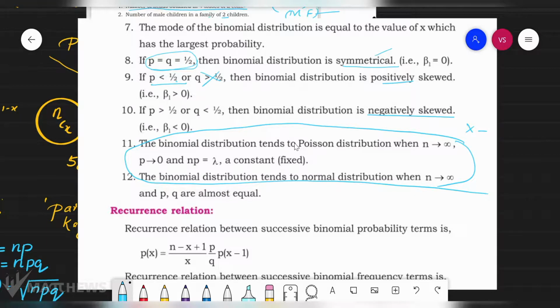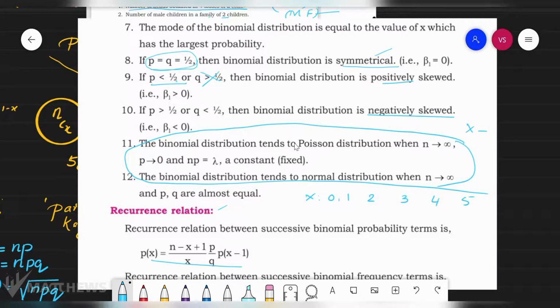These are some of the points to be understood by each and every one of us, students. Then there is something called a recurrence relation for successive probabilities. If the values of x are 0, 1, 2, and so on up to 4 and 5, so many values we have to find out.